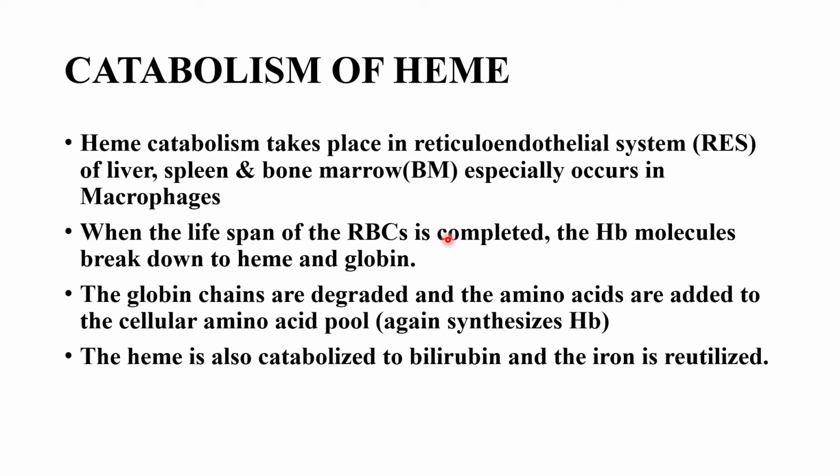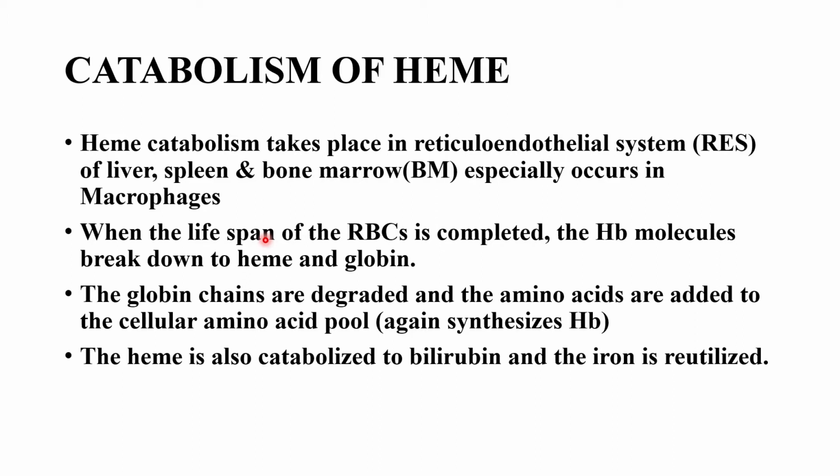So, bilirubin metabolism or catabolism of heme. Heme catabolism takes place in the reticuloendothelial system, that is liver, spleen, and bone marrow, especially in the macrophages, when the senescent RBCs have become old.